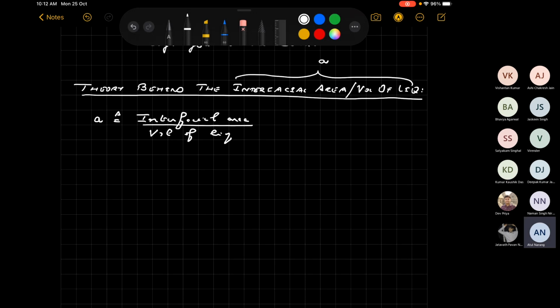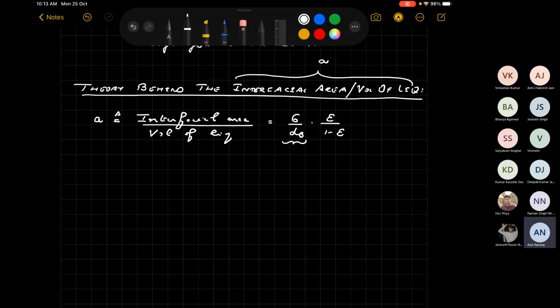I want to show that this is equal to 6 divided by dB, where dB is average bubble diameter, multiplied by epsilon over 1 minus epsilon.